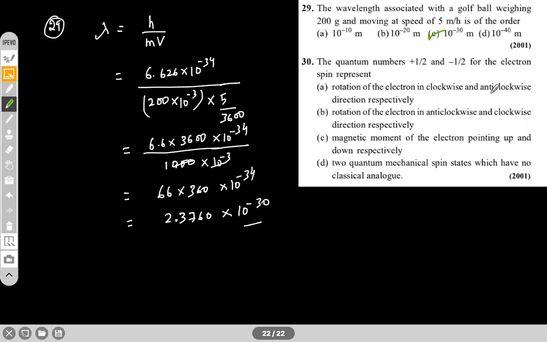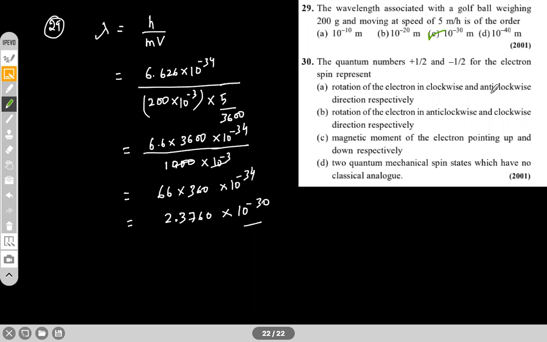So usually, for an easier way, we say that when the electron enters into the orbital, it can have clockwise or anti-clockwise orientation, and that is plus half and minus half. But this actually represents the spin magnetic moment, or simply the magnetic moment, when it is along the magnetic field and opposite to the magnetic field.